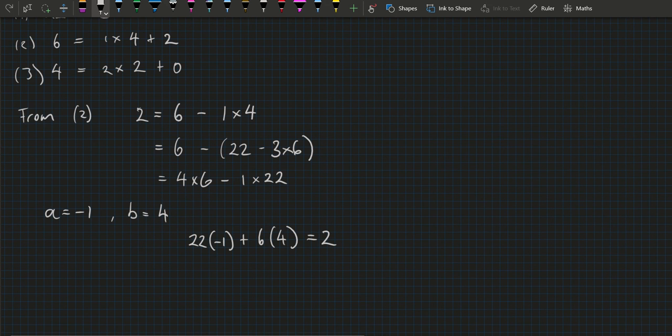So that means that minus 1 and 4 is a solution of this Diophantine equation.